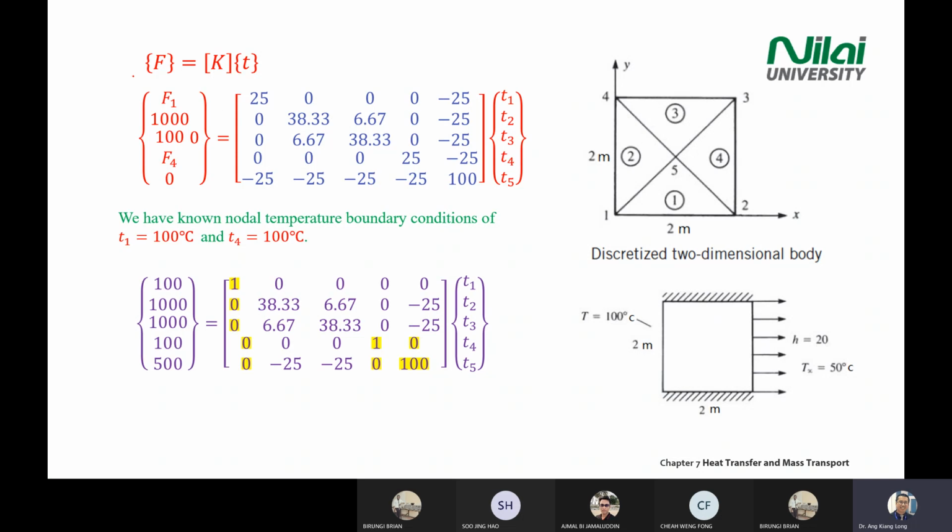Okay, so again, you do the manipulation of the first row that we repeated in the first session.